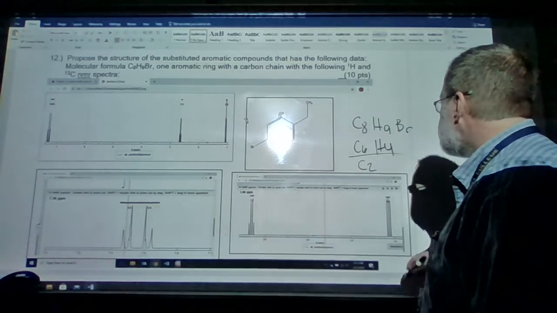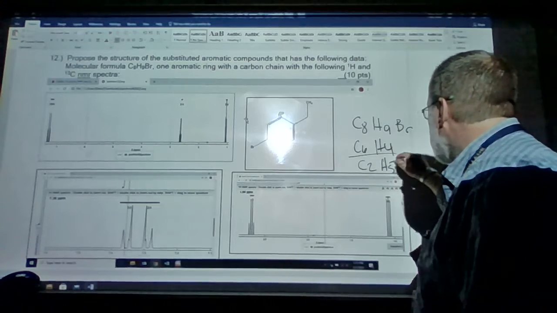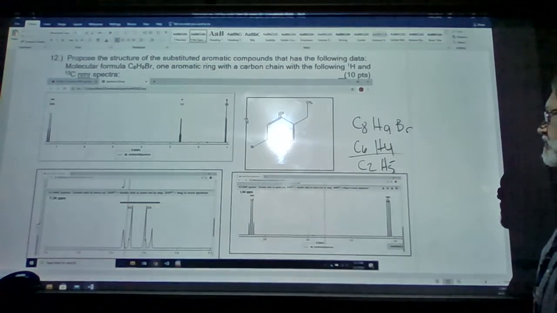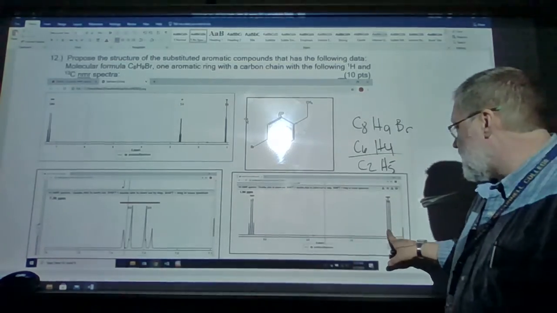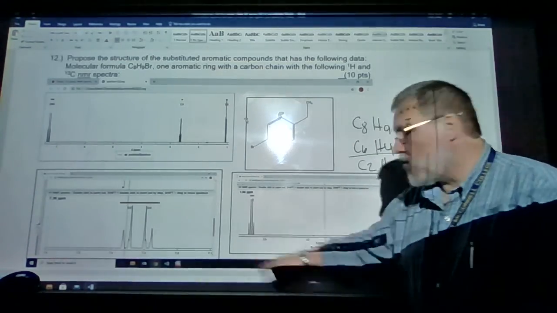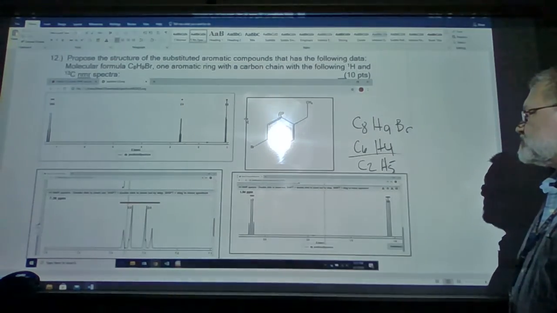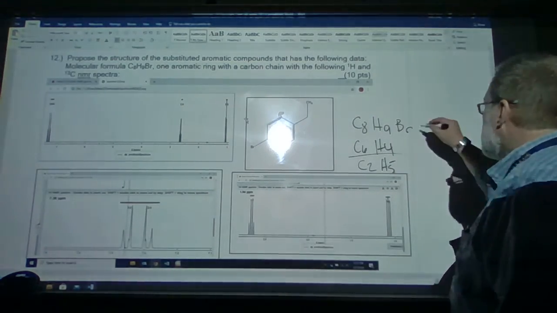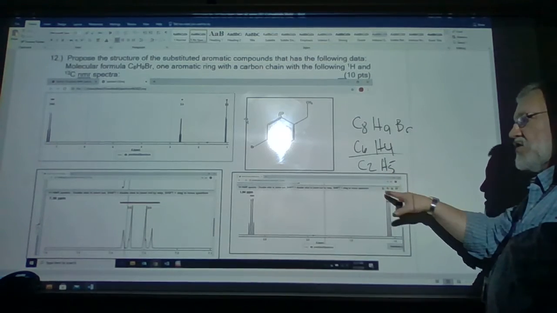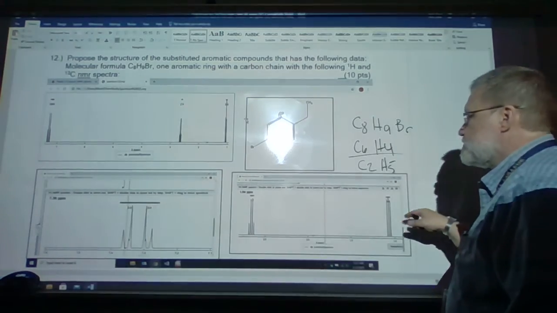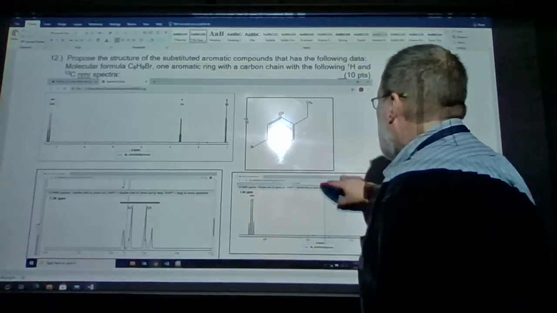C6H4. That leaves you with C2H5. C2H5 is supported by the CH3, the triplet-quartet pattern. The triplet-quartet says CH2CH3. So C2H5 is CH2CH3. So you've got an aromatic ring with an ethyl group on it.